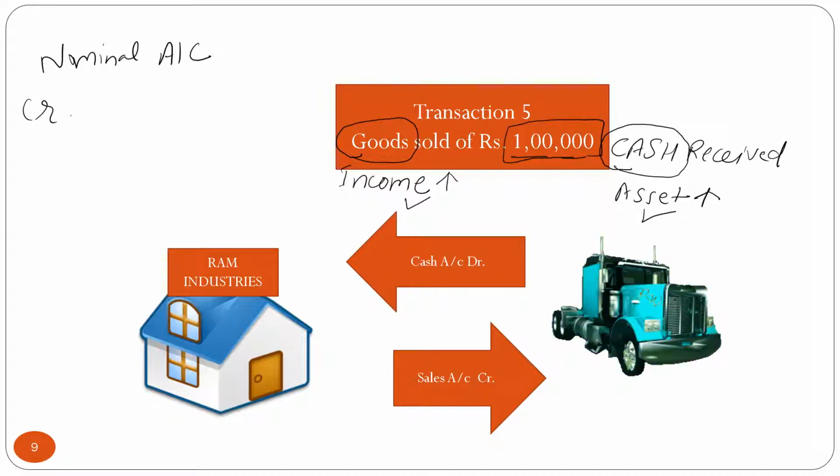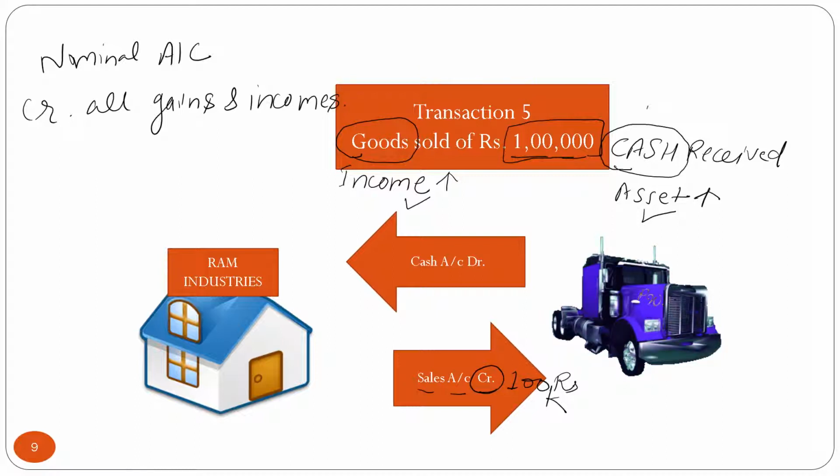That credit all the gains and incomes. So we credit sales. Sales account credit by 1 lakh rupees. And cash increases.